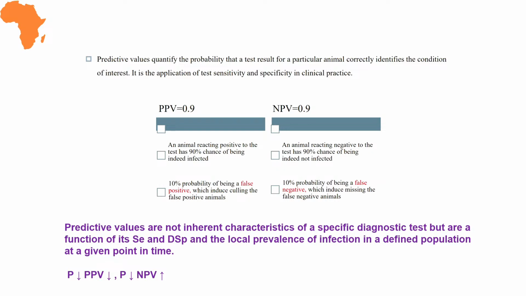Predictive values are not inherent characteristics of the specific diagnostic test. Sensitivity belongs to the test. Specificity belongs to the test. Predictive values are a function of the sensitivity, specificity, and the local prevalence of the infection in a defined population at a given point in time. Are we clear about that?